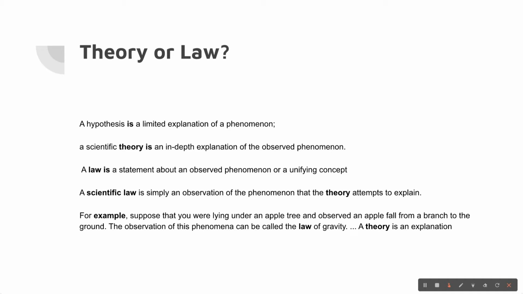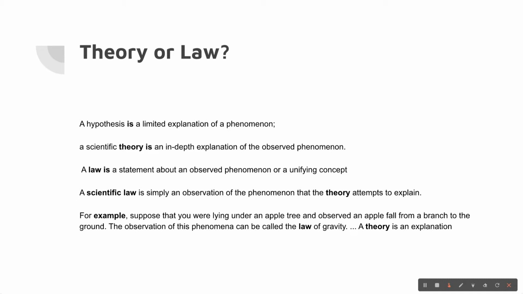A law, then, is a statement about an observed phenomenon or unifying concept. It's something that always happens and doesn't change. A scientific law is simply an observation of a phenomenon that the theory attempts to explain.